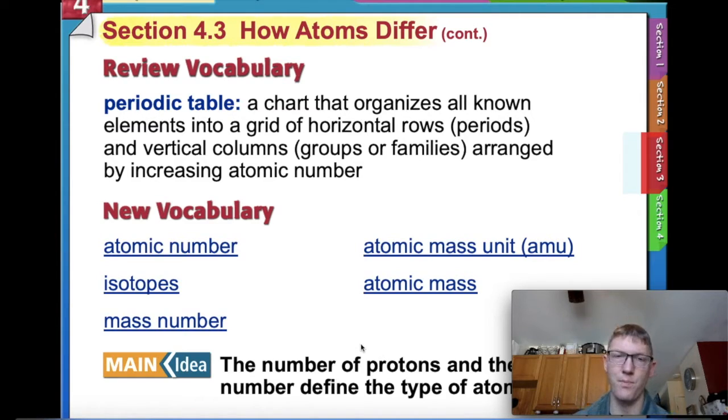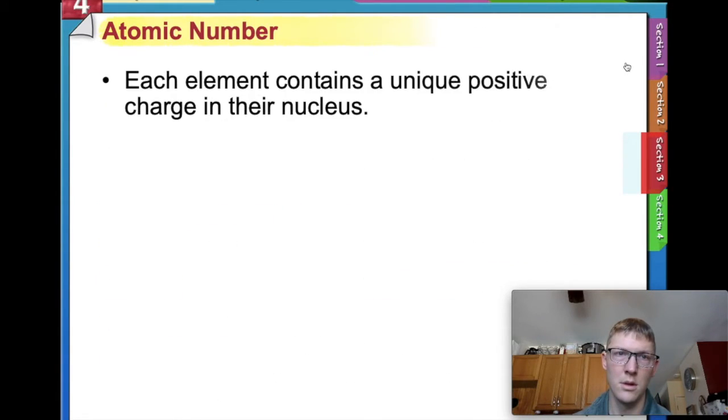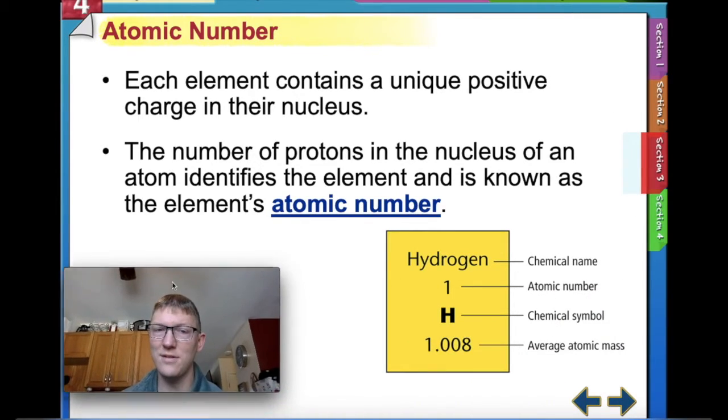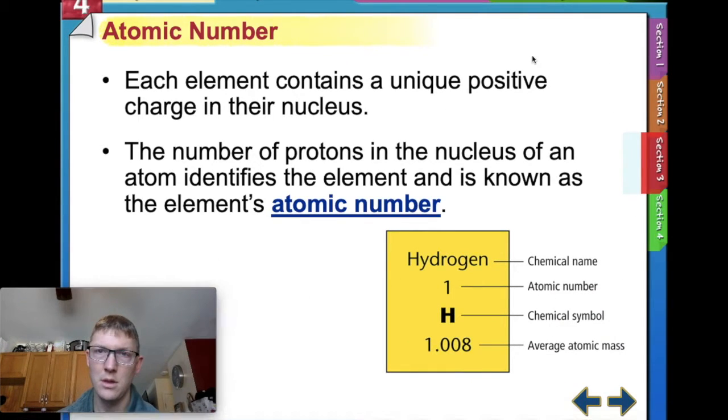Okay, here we go. So the atomic number: each element contains a unique positive charge in their nucleus. And that's kind of how we define the different elements. So for example, if you were to look at the periodic table or on your app or whatever, you will have something that looks like this.